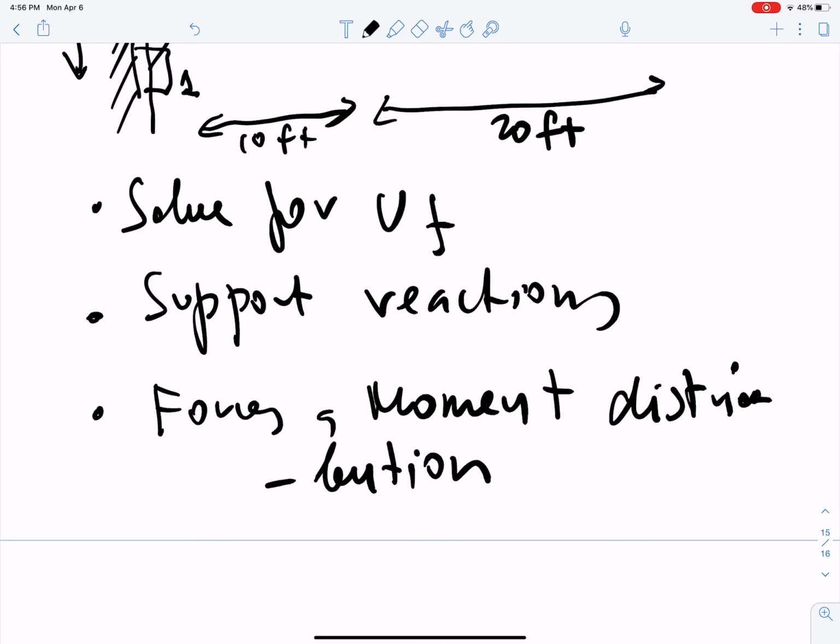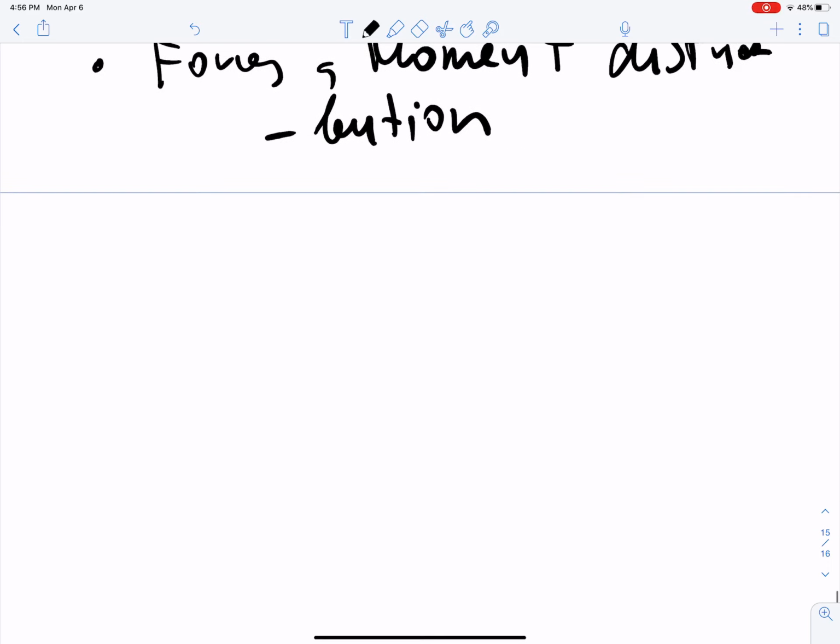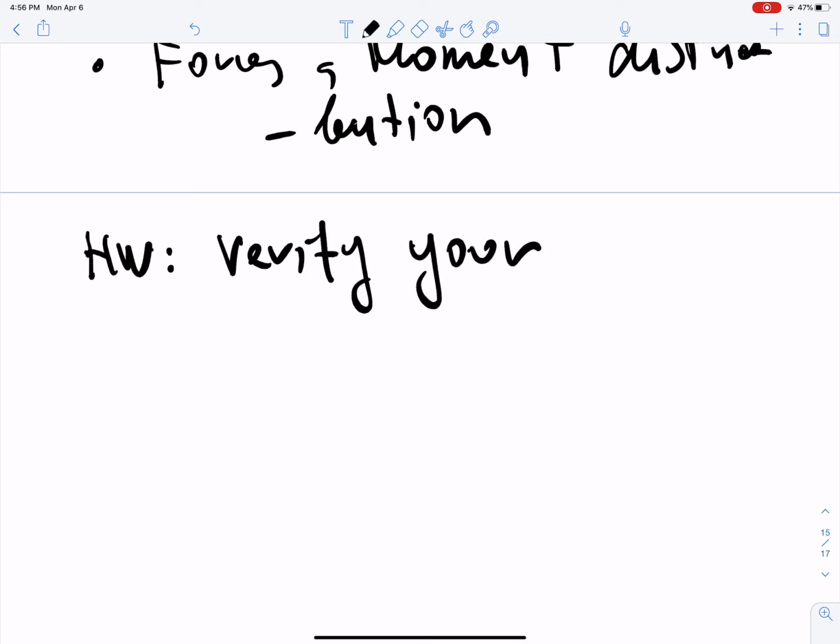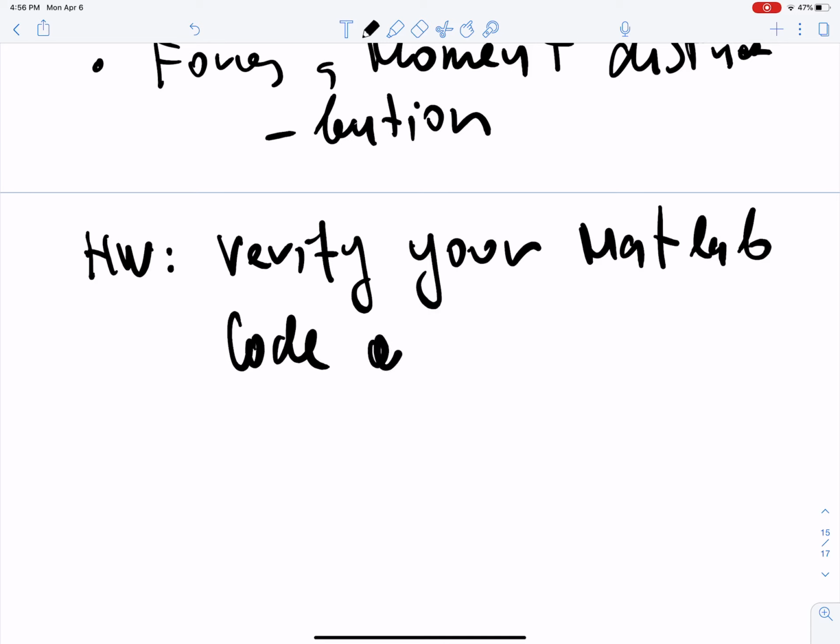I'll take you through this and then you should be able to do it on your own. In fact, if you look at the homework, I'm asking you to do this problem in MATLAB. So you will use this problem to verify your MATLAB code on this problem.